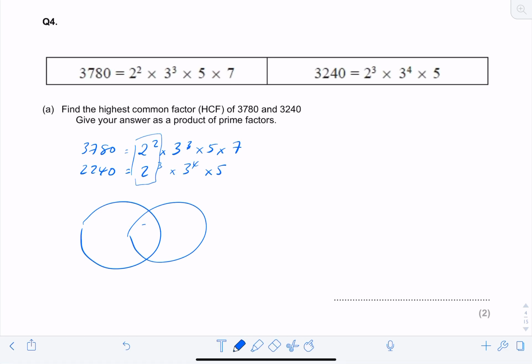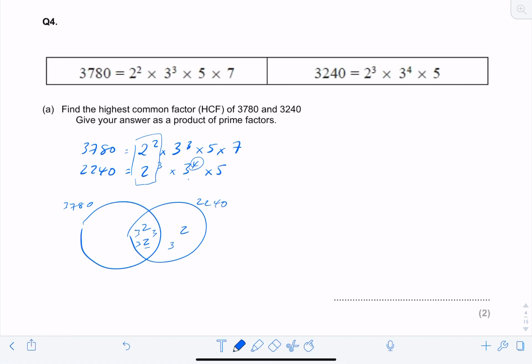So we've got a 2 and a 2. If this is my 3780, and this is my 3240, I've still got one more 2 left over here. That's 3 cubed, so I've got a 3, a 3, and a 3 here. I'm also going to have a 3 over here, because I've still got that one there.